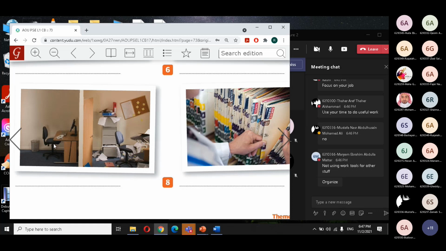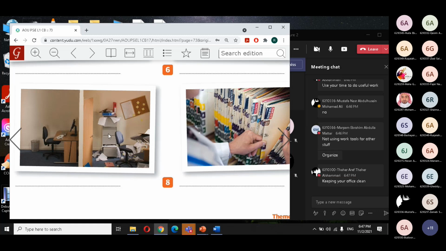This is the workspace. Workspace means the place where you work. Yes, excellent. Keeping your office clean. Look, this one here is tidy, clean, organized. Look here. It's a mess.